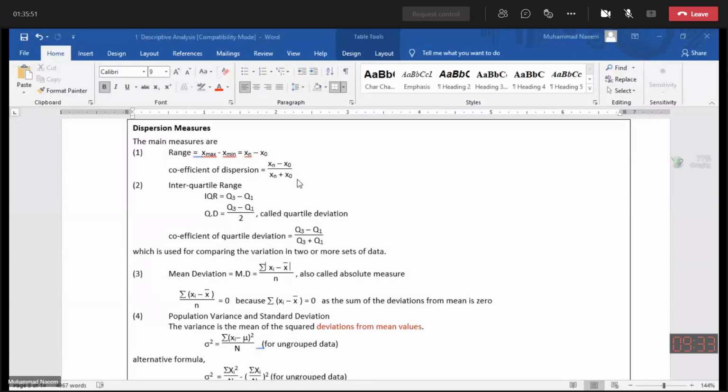Mean deviation. Here we have used a modulus. That's why this is called an absolute measure. We use this when our data contains both positive and negative values.